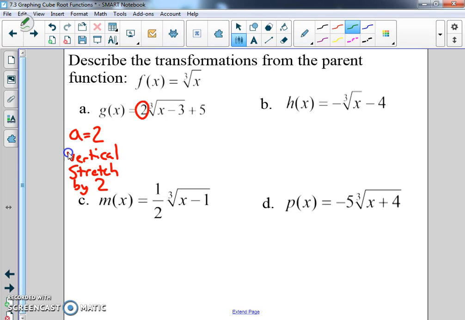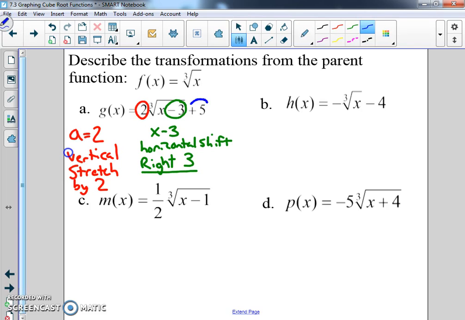We're then going to look at our h value. And we see it's minus 3 here. So we have x minus 3, which tells us we have a horizontal shift. And that horizontal shift, since it's x minus 3, is going to be to the right 3. And then finally our k value here.